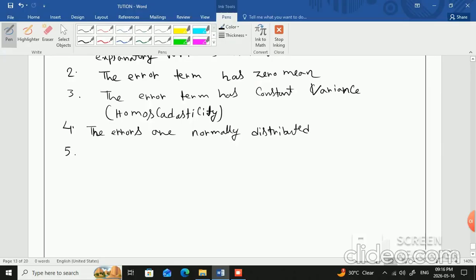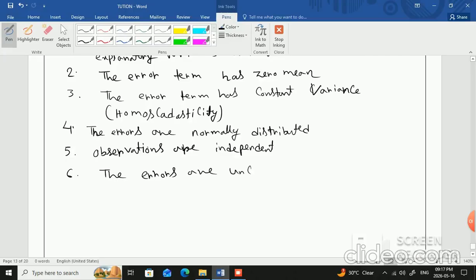Number 5, observations are independent. Number 6, the errors are uncorrelated. That is no autocorrelation.